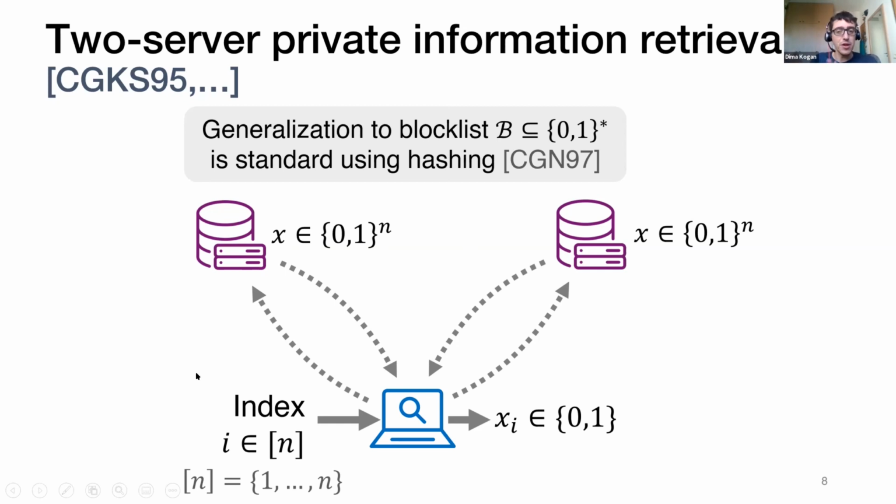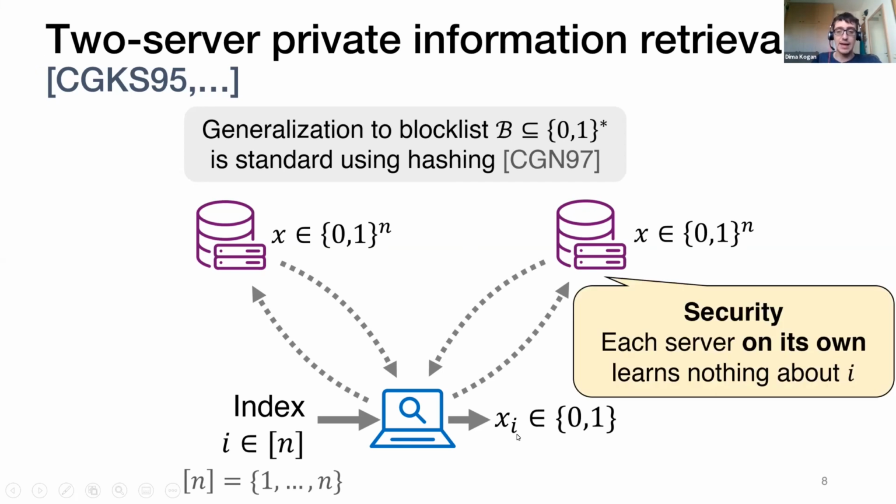But for the remainder of the talk, you can just think about PIR as array lookups by index, where every record is just a bit. So the client's input is an index from 1 to n, and then the client talks to both of the servers, and from the responses, it needs to be able to reconstruct the value of the database record x sub i.